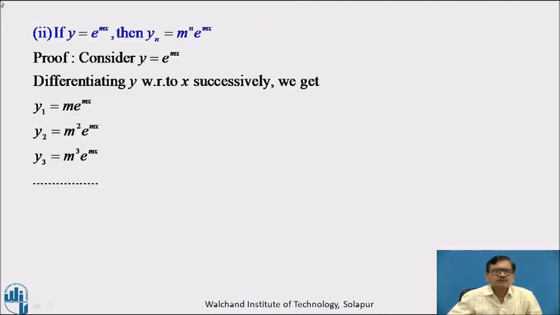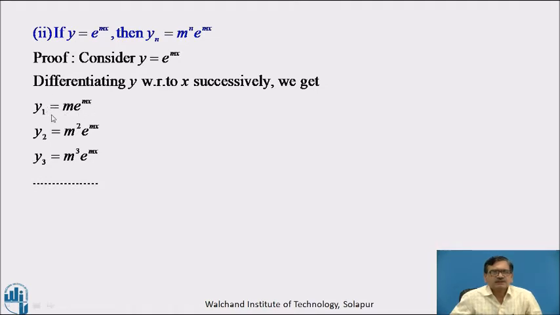Now, second exponential function: if y equals e raised to mx, then yn is equal to m raised to n into e raised to mx. Now, consider y equals e raised to mx, then differentiating y with respect to x successively, we get the first derivative, y1, equal to m into e raised to mx.